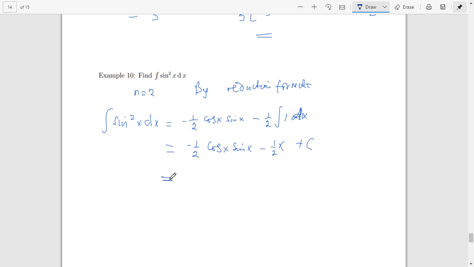So this can be written as negative 1/2 times 1/2 sine of 2x by the half angle formula, then minus 1/2 x plus c. So this will be the same thing as negative sine of 2x over 4 minus x over 2 plus c. And this becomes the integral of sine squared.